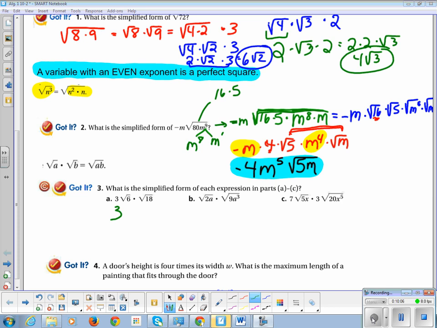When you have two radicals being multiplied together, you can write them as being multiplied under the same radical. 6 times 18 is 108. So this is 3 times the square root of 108.